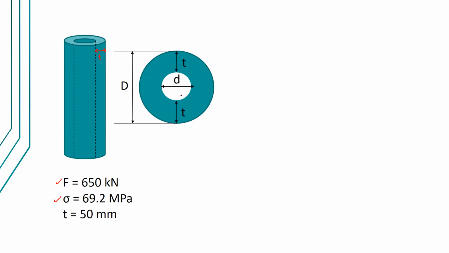Now in this top view, the hollow view, let's name the outer diameter as big letter D and the inner diameter as small letter d. This is now your thickness.